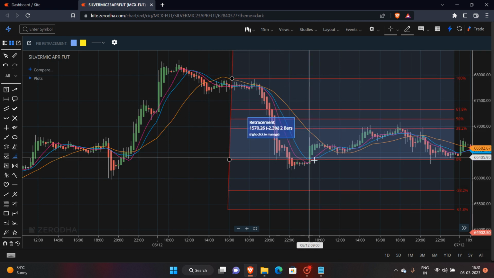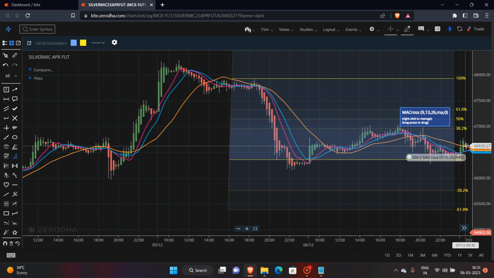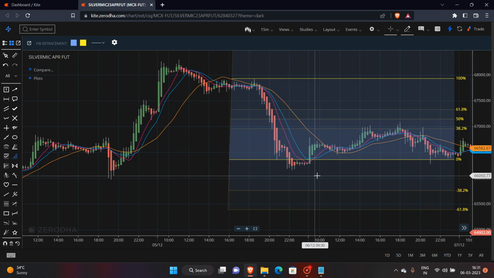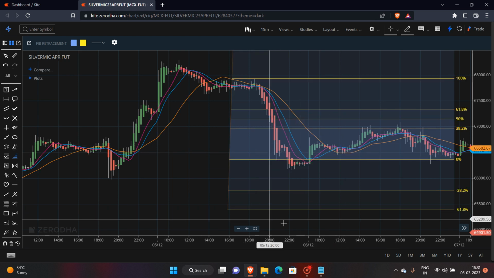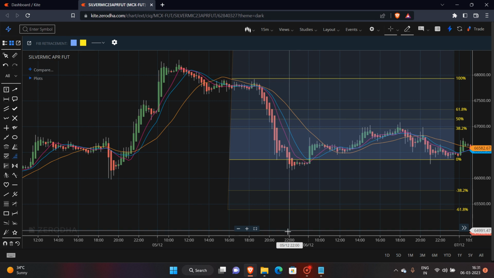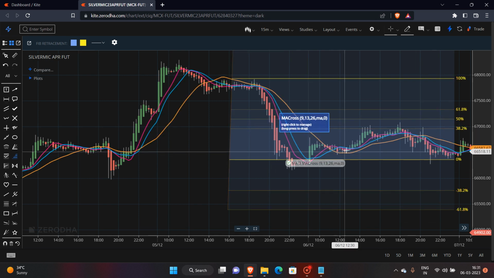Next day, if you draw the pattern again, logically it is already broken, but we have to understand till where the market can move. The market came down, on the next day it opened up, then again it made a pattern. Always remember, whenever it is going to a certain level, it will go through making a pattern.